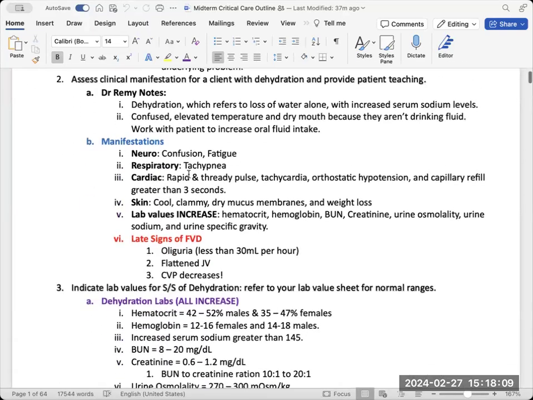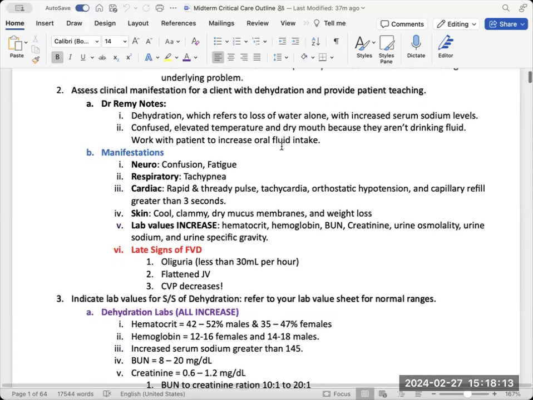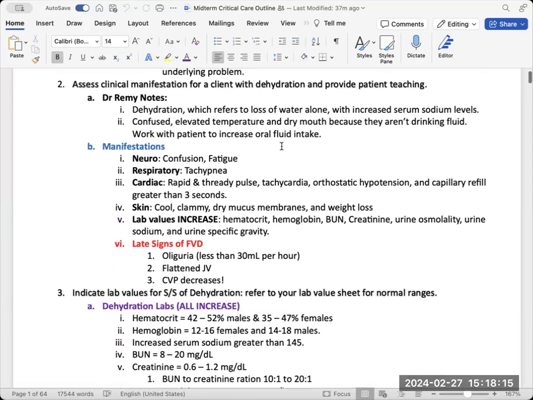Okay. So the next question is to assess clinical manifestations of a client with dehydration and provide patient teaching. When I was looking through the notes and a bundle that I have, I noticed that it said sometimes fluid volume deficit can also be called dehydration. It just depends on the circumstance.